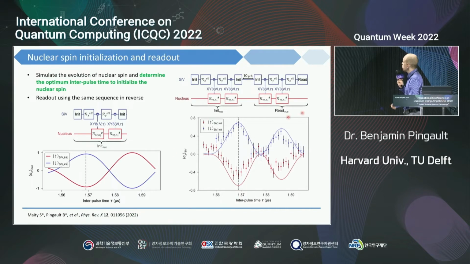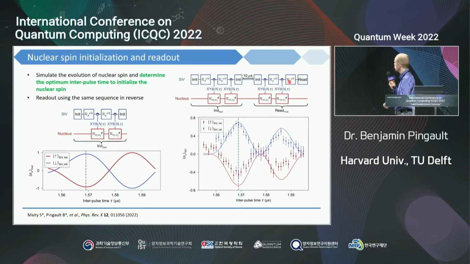So we perform experimentally this sequence as well as its reverse that acts as a readout sequence. With this first sequence, you transfer the spin state of the SIV to the nucleus. That sequence does just the opposite, transferring the nuclear spin state to the SIV to be read out.